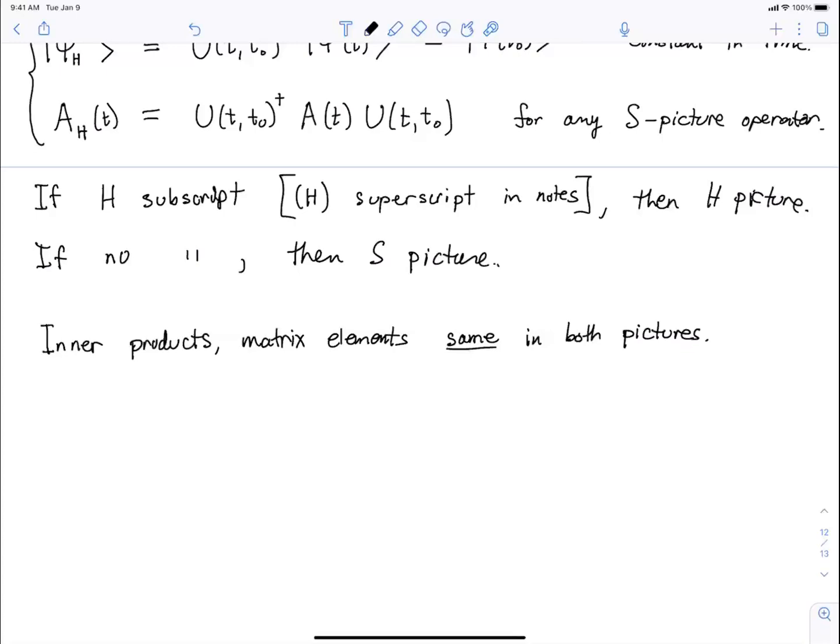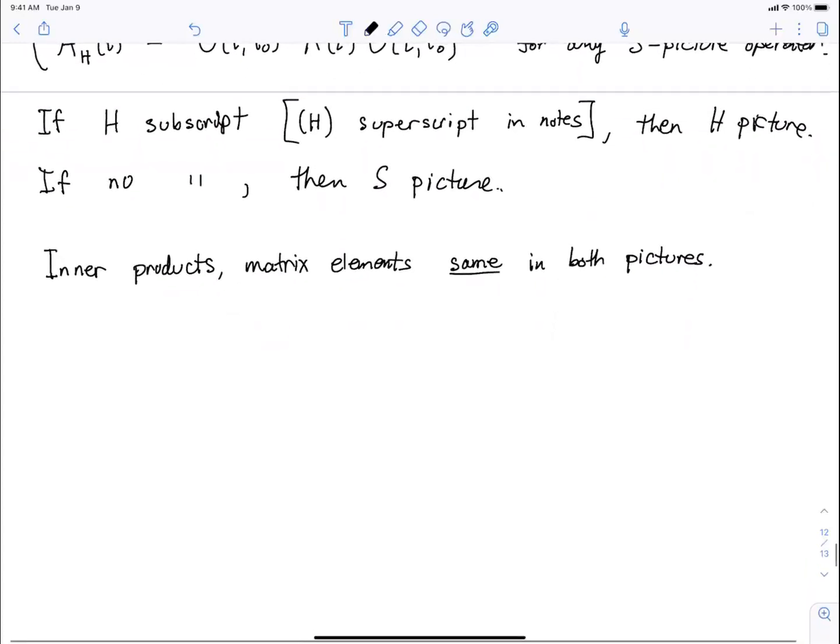So we're going to prove this very generally, and it's only going to take 2 lines, so it's going to be easy. And then once you've proved it, then you know, since inner products and matrix elements are the same, any prediction you make for a probability is going to come out the same. Okay, so let's do it.